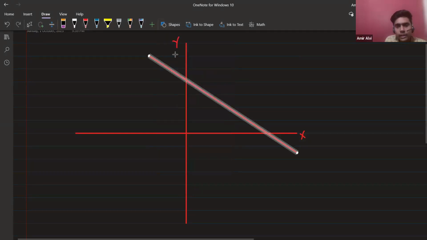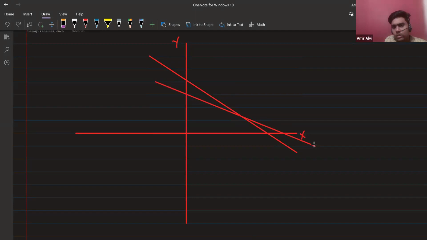Suppose there is also one line like this. I'm just taking it randomly. Yes or no? Okay, no issues.